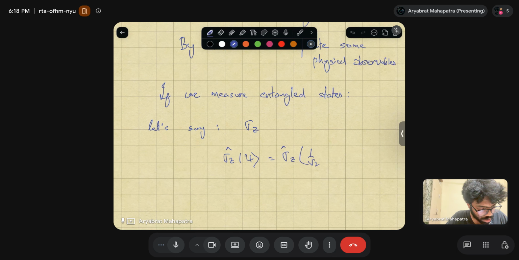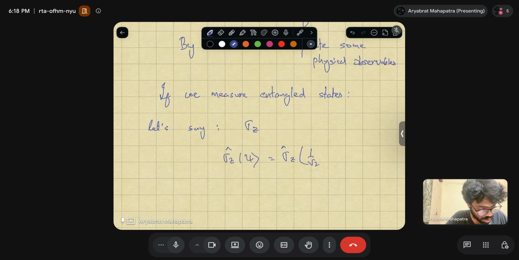Using one operator, I can only measure one state. So there are two states here, but one operator. If I write this, it eventually means I'm operating sigma z cross the identity operator on this.